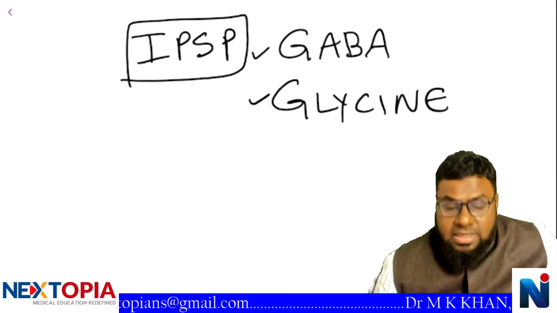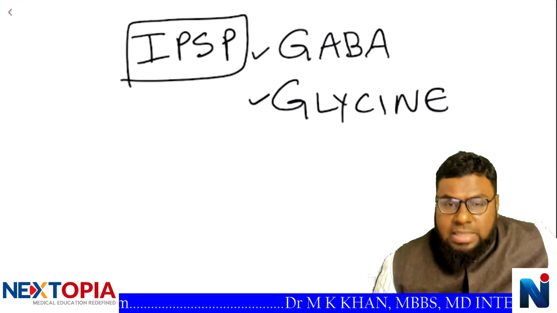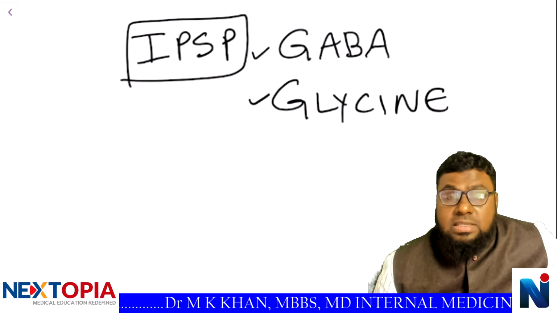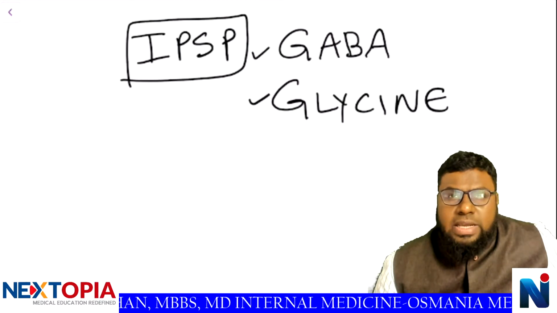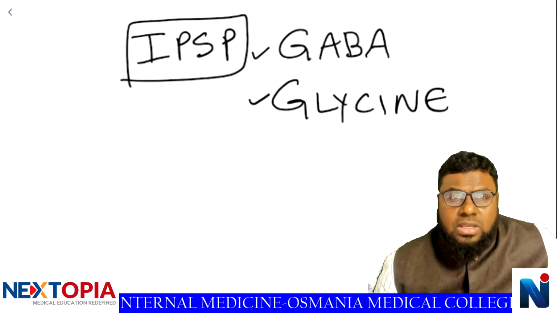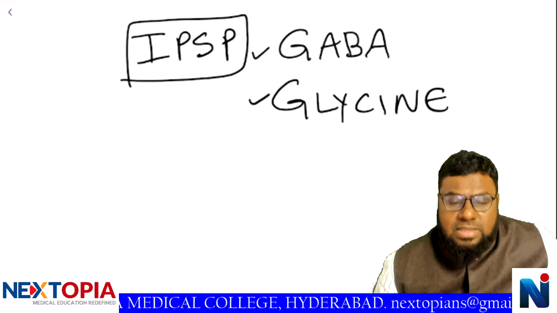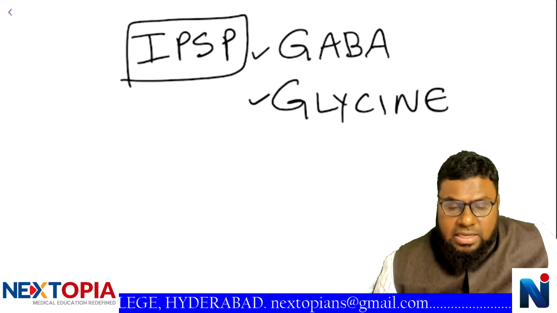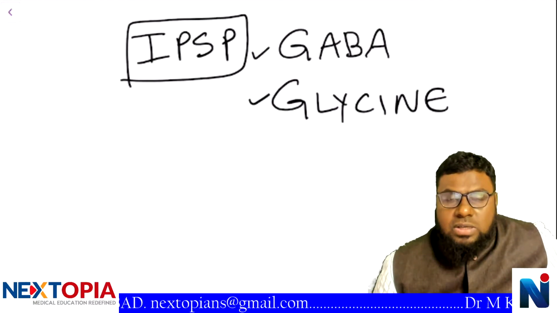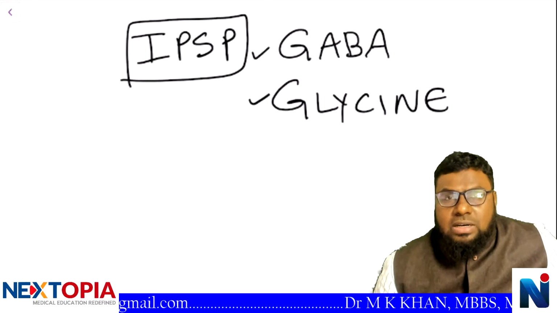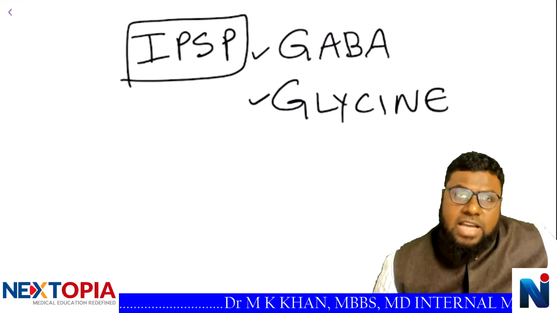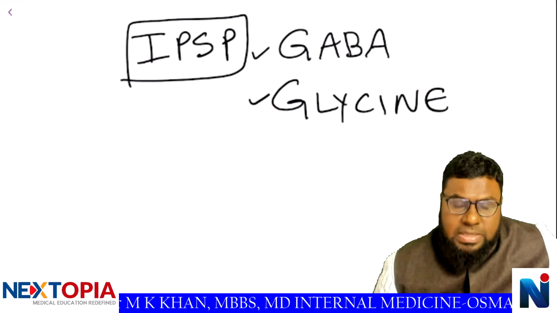Name a drug which increases the GABA channel activity. It is the benzodiazepine. If somebody is more excited and is not sleeping, you give benzodiazepine, sedatives and hypnotics, so that his GABA receptors are stimulated, increasing chloride conduction and causing inhibition of the action potential in the neuron, and the patient sleeps.